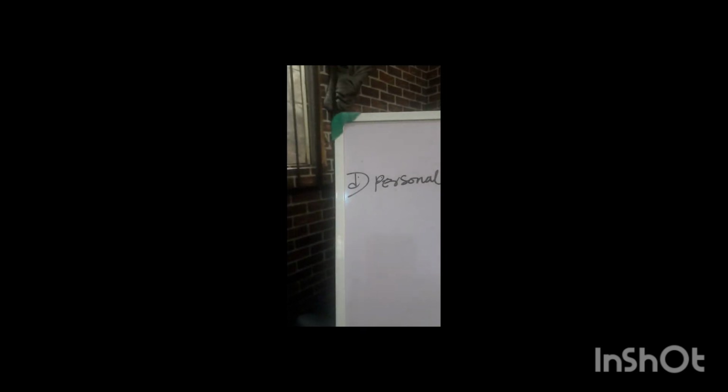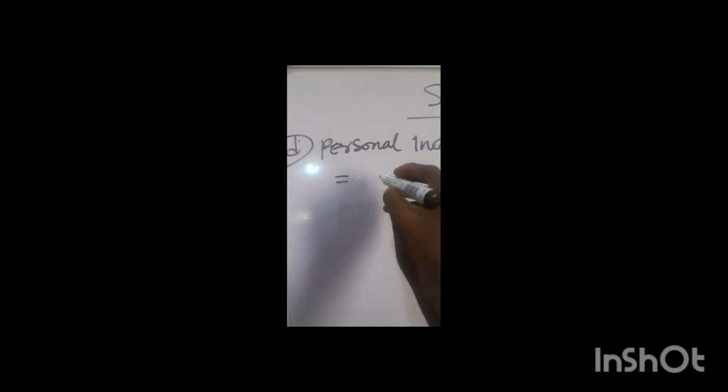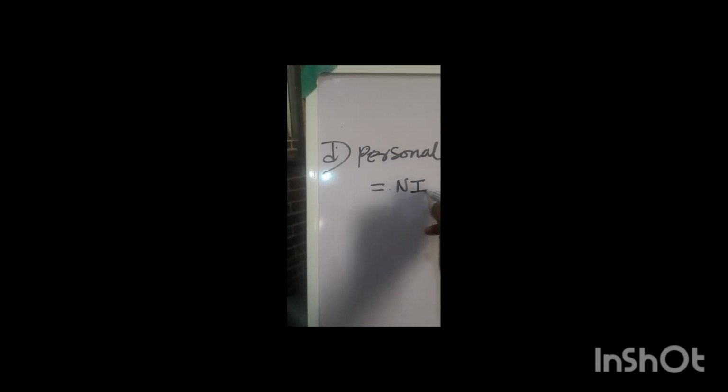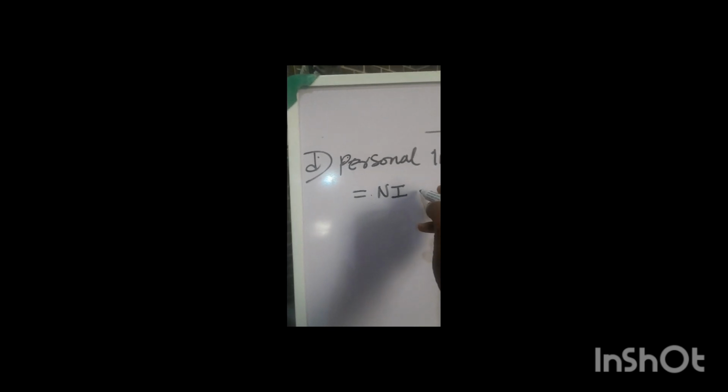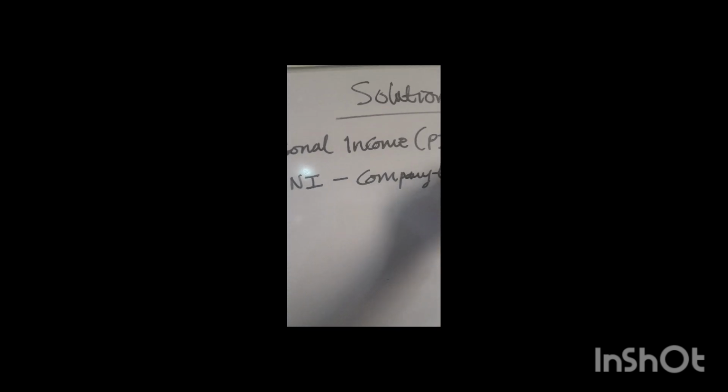Our requirement 4 is personal income, PI. Our personal income simply will work with our national income, NI.